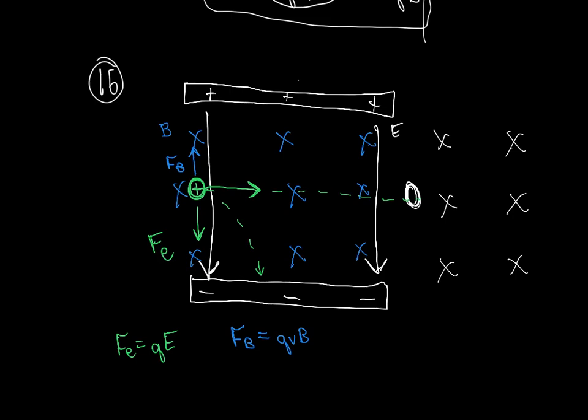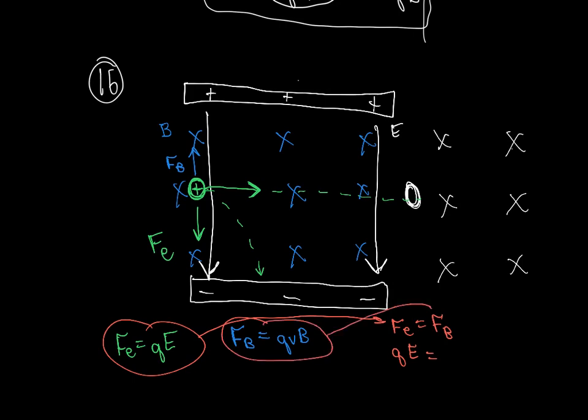So Fe equals Fb. Plug in my equation for Fe, it's QE, equals Fb. Plug in QVB.